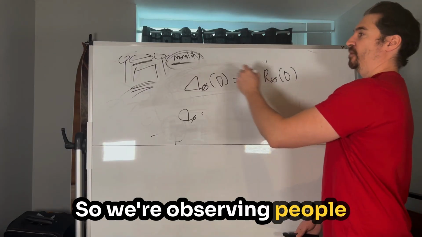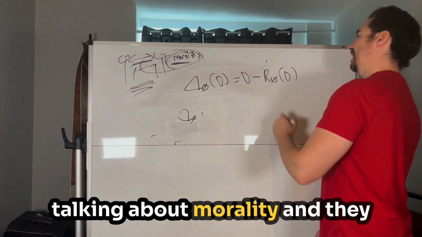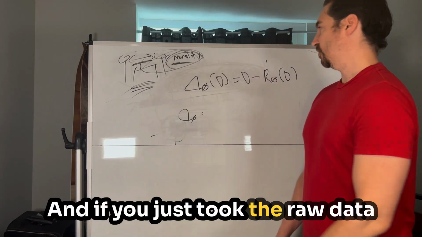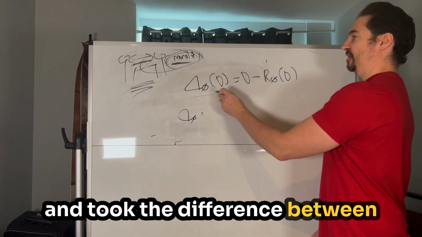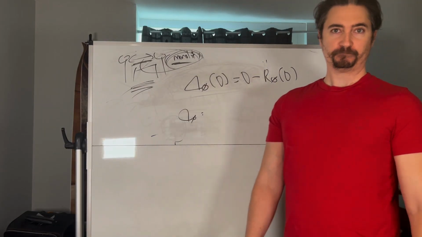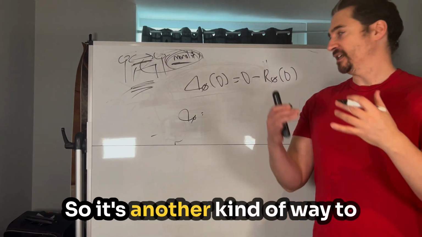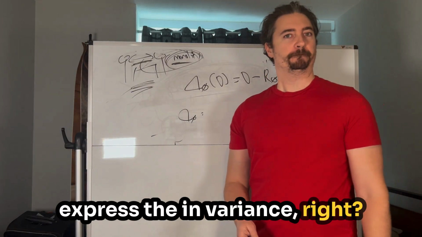So we're observing people talking about morality, and they try to explain what morality is. And if you just took the raw data and took the difference between those two, that delta there, that residual, is what's left over after applying a transformation. So it's another way to express the invariance, right?